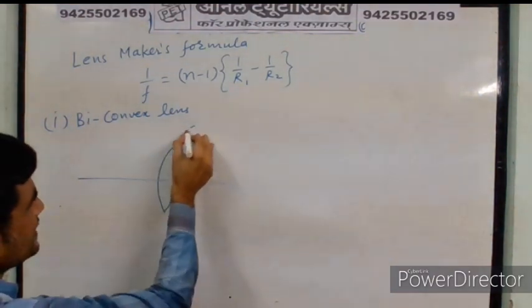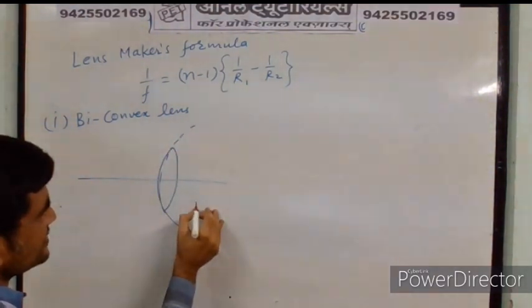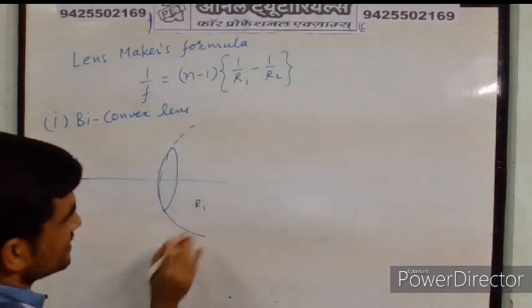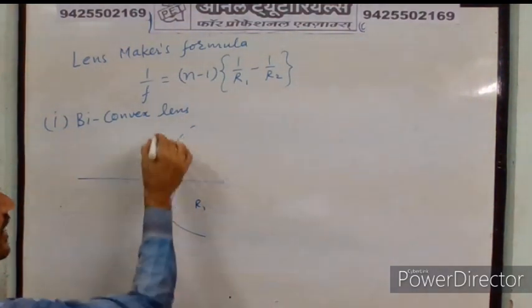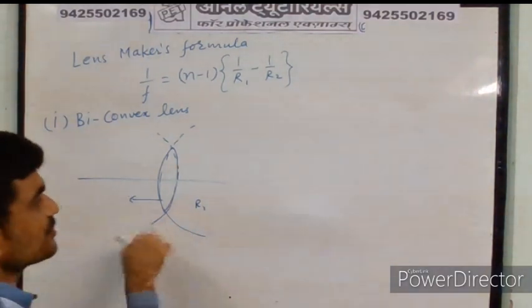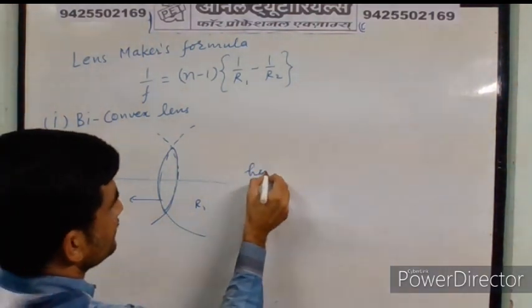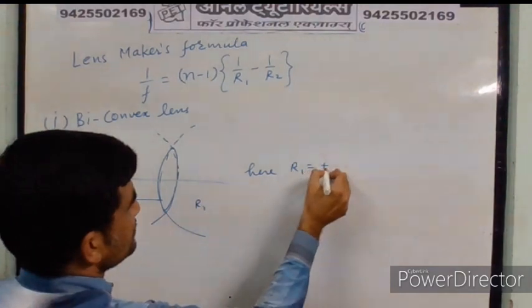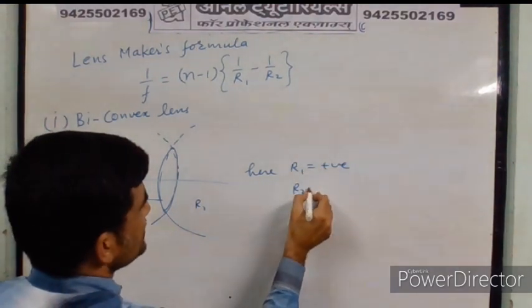The radius of curvature of the first surface is R1, situated on the right side, so it will be considered positive, and R2 is on the left side, so it will be considered negative. When you put these values here, R1 is positive and R2 is negative.